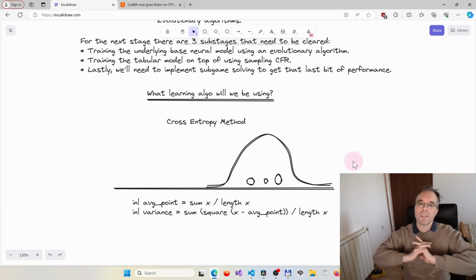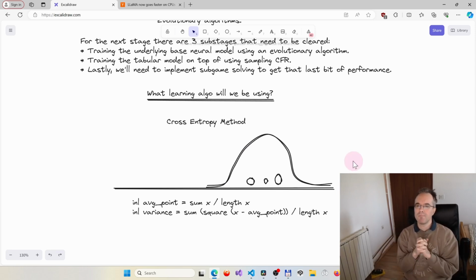This is the way the cross entropy method works, and it was invented sometime in 2005.